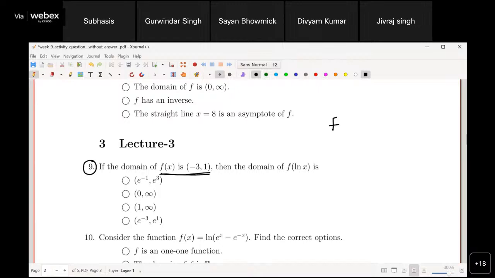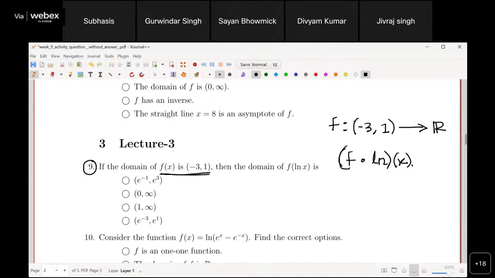F is a function from [-3, 1] to R, right? This is my function. And what I want to do is compose this function, f composition with ln of x, and I want to find the domain of this function.